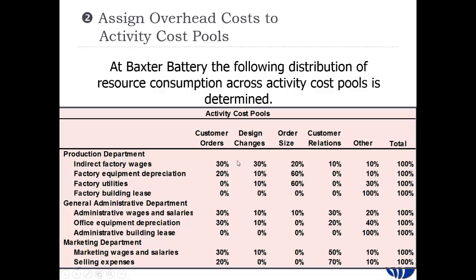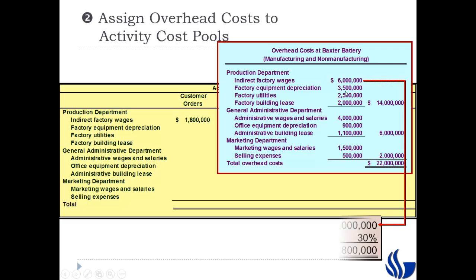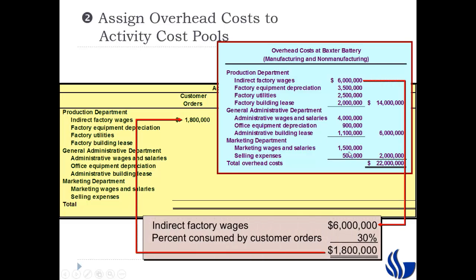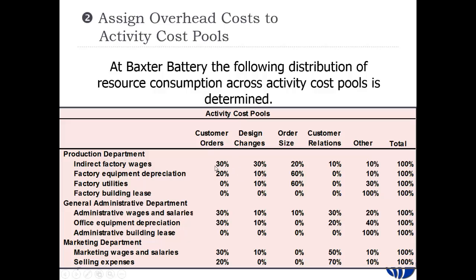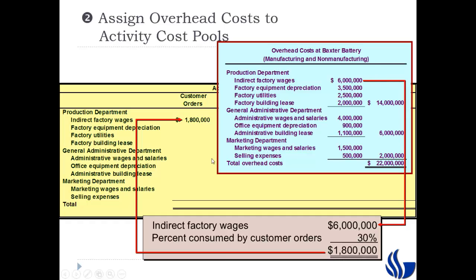What we'll do with these now is use those percentages to take each of these different indirect costs that we just tabulated, the 22 million, and multiply each line item here by the corresponding percentage in that table on the previous slide. So for example, the $6 million in indirect factory wages will be multiplied by 30%, so that's $1.8 million. That 30% is based on this 30% right here. All right, so that's $1.8 million.